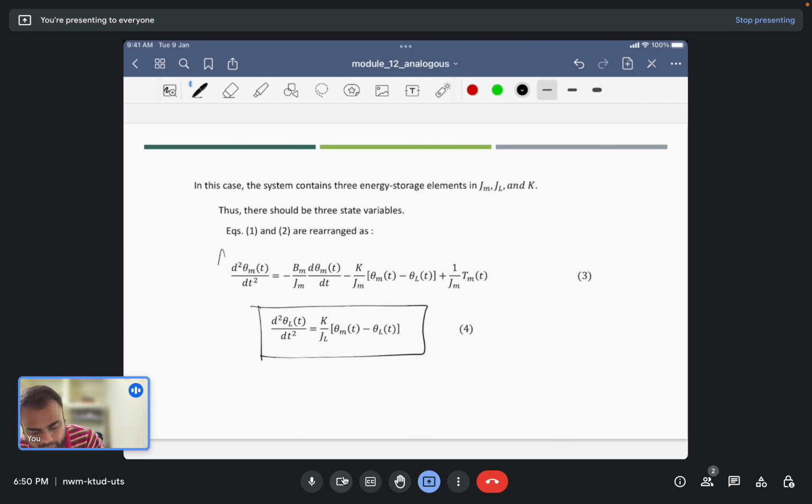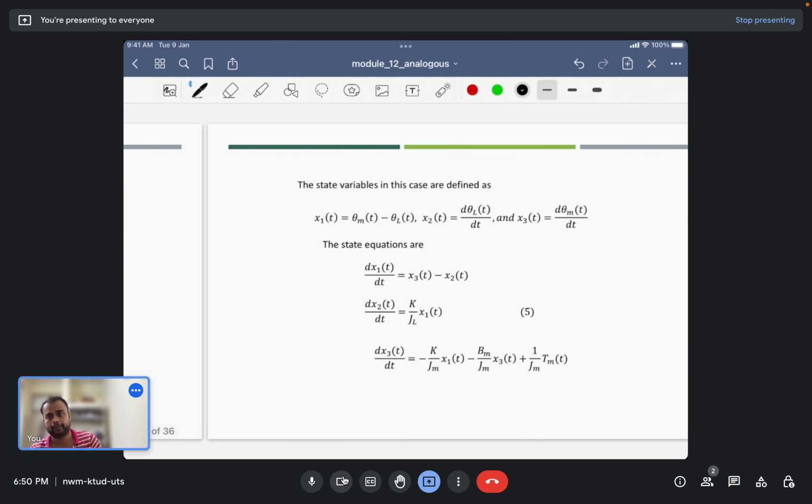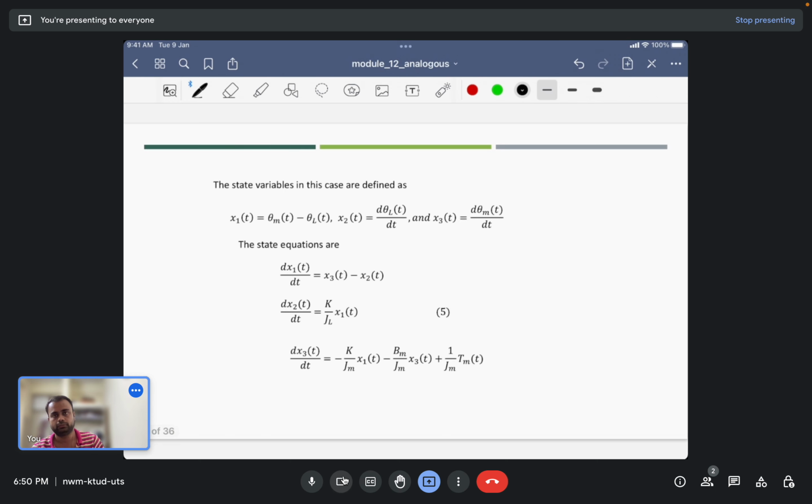And equation 1 is this one. So we now have the angular displacement at the motor component and at the load component. Now the state variables can be written, that is x1, x2 and x3. The state equations are written here in equation number 5. So these are the state equations.